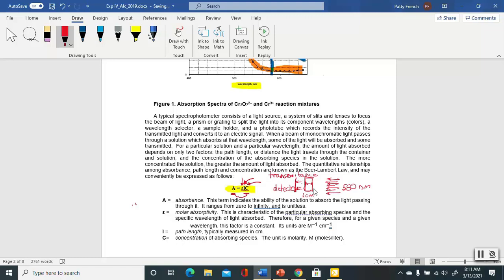We can measure the amount that's absorbed by the difference between the amount of light that was sent out and the amount that was detected. Okay, so that's where our path length came from, and that's really important. And all of our cells that we're going to be using in this experiment are exactly 1 centimeter.